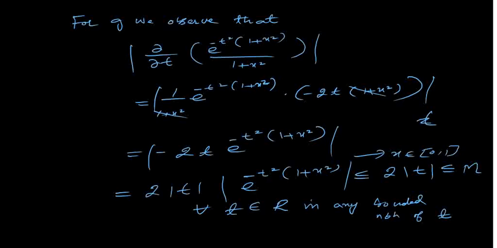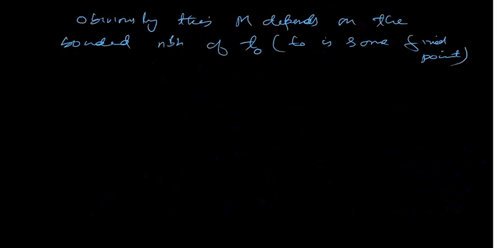So f dash t, we have seen, is equal to twice e power t integral 0 to t e power minus x square dx.